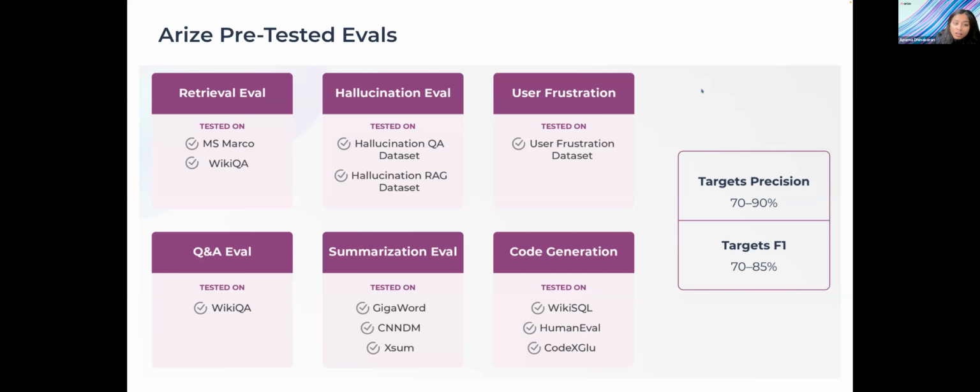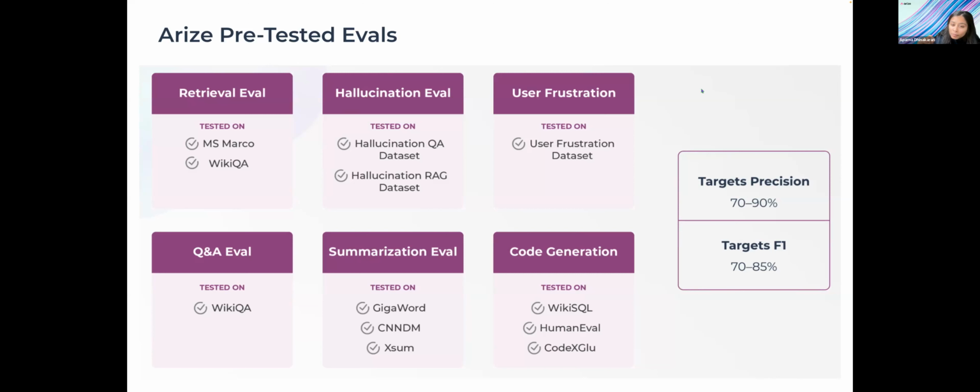All of these evals are benchmarked using data science rigor, and the data sets are available. They're reproducible, so if you want to evaluate how well the eval templates are doing, you can rerun and reproduce the results.